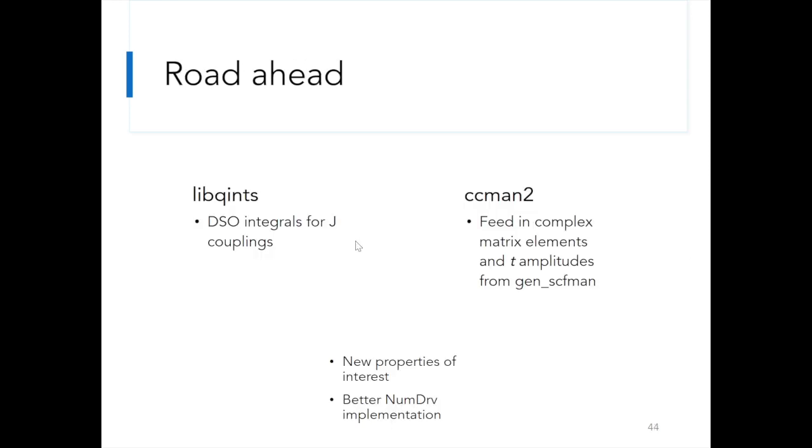Right. So the roadmap ahead for the rest of this module: we would like to complete the DSO integrals, the diamagnetic spin orbit integrals, so we can calculate J couplings. We also have to implement the interface with CCMan2, so we can get coupled cluster NMR shieldings going in Q-Chem.